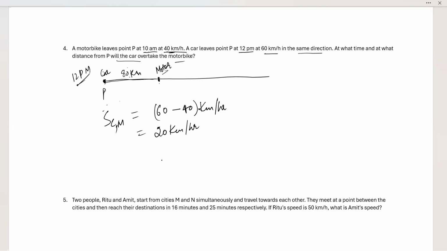And how much distance do they have to cover to meet in order to overtake? In order for the car to overtake the motorbike, the distance between them should be zero, but right now it is 80 kilometers.